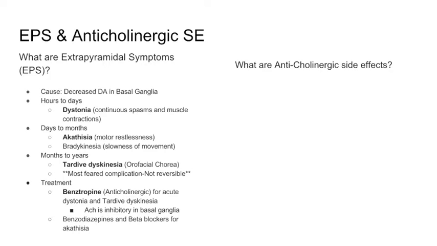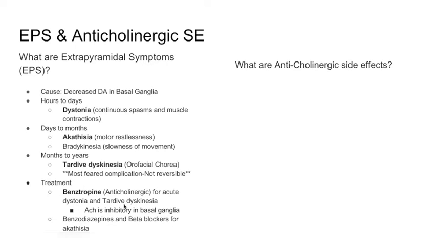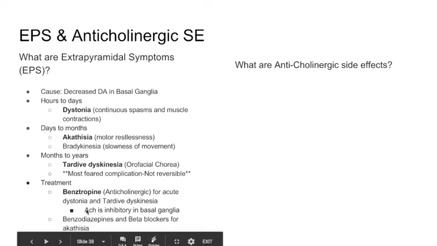So it inhibits movement. If you have a medication that is blocking the acetylcholine, then you can have more excitatory movement. So you can treat the tardive dyskinesia and the acute dystonia.